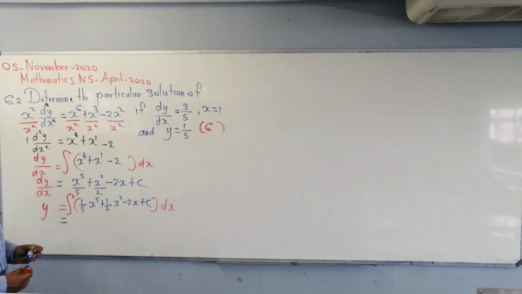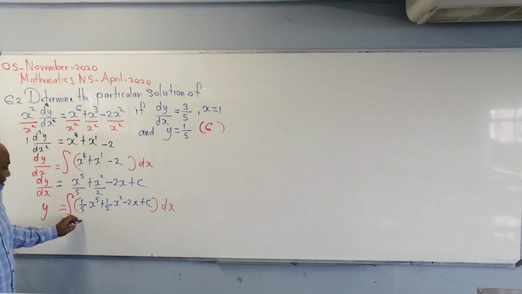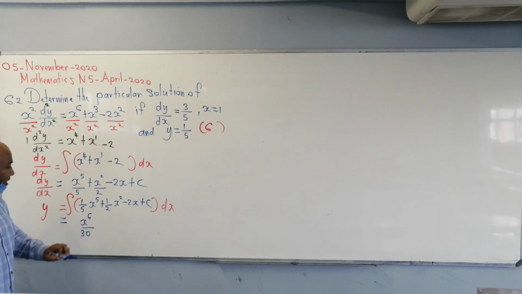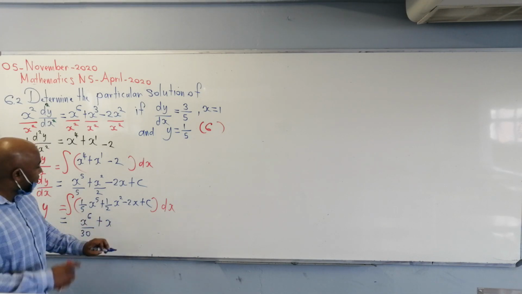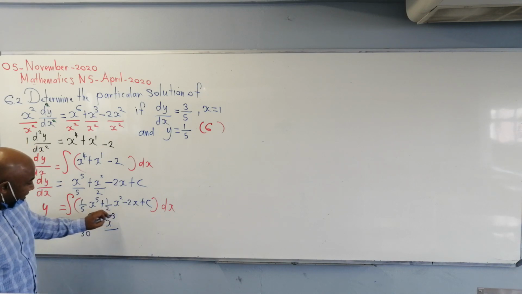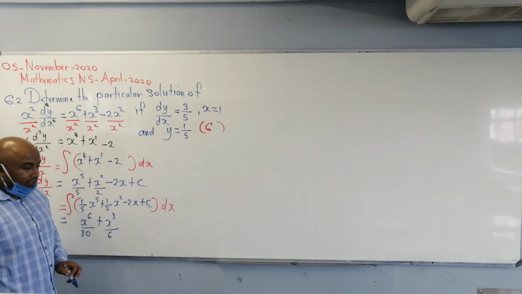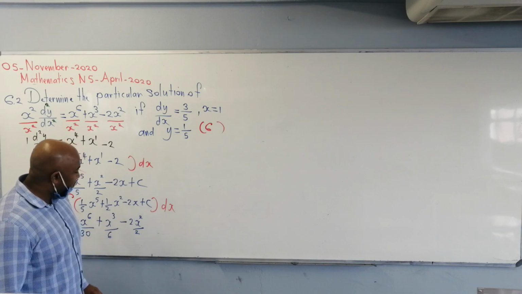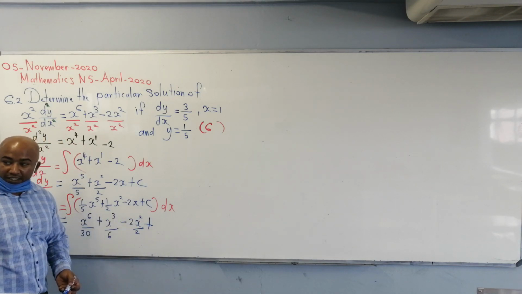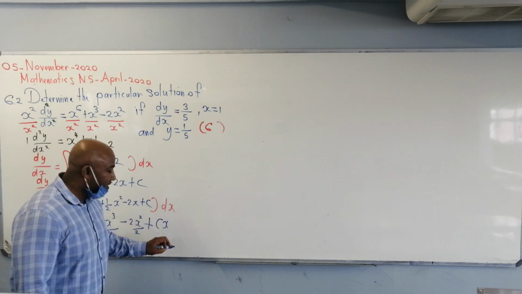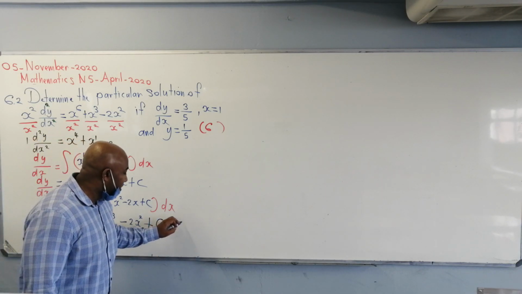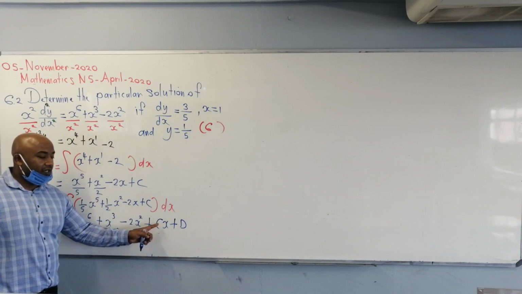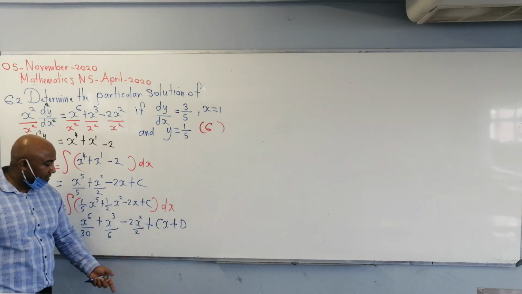So when I integrate this is going to be x to the power 5 plus 1 is 6 over 6 times 5, which is 30, plus x, 2 plus 1 is 3 over 3 times 2, which is 6, and here minus 2, x, 1 plus 1 is 2 all over 2, plus integrate c, it's going to be cx, and whenever we integrate we put a constant, so let's call our constant d, or if we want to we can call it c1 and call that c2, it's just a constant.